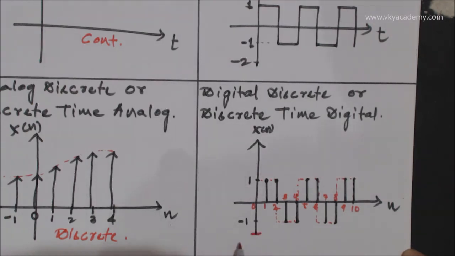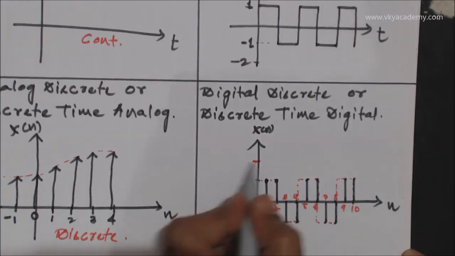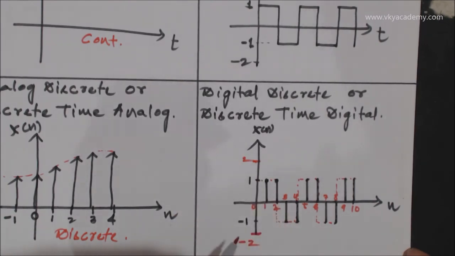Even if the amplitude range is, let's say, -2 to 2, it is taking only quantized values on the y-axis, 1 and -1. So we can say according to the dependent variable, it is digital. But according to the domain or the time axis, this is a discrete signal. So this type of signal is called a discrete time digital signal.